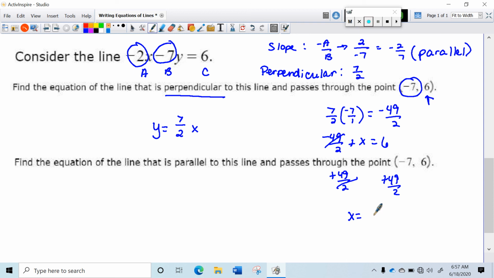So b equals 6/1 plus 49/2. If I have a common denominator, I'm going to multiply this by 2. So I've got 12/2 plus 49/2 equals, denominator stays the same, you add the numerators. 12 plus 49 is 61. 61/2. It's a positive 61/2. So the perpendicular line going through the point (negative 7, 6) is y equals 7/2 x plus 61/2.